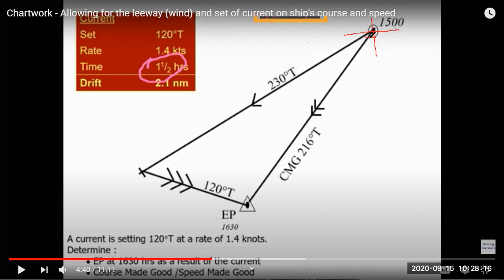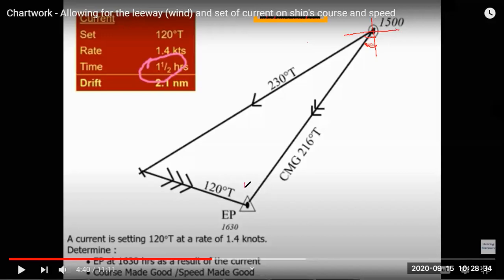This is 230. So from 180 you put 50 degrees, and once you join this, whatever you measure, you can measure this angle again, and this will be somewhat 36, so it will be 216.